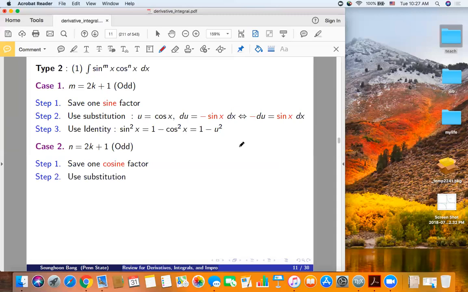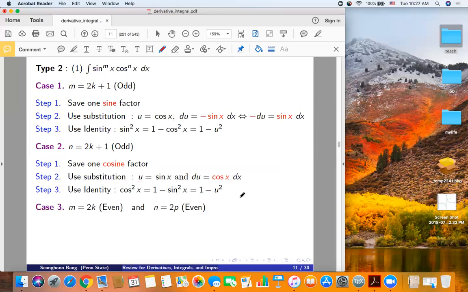In this case, u is sine of x, and du is sine prime, cosine x dx. Step 3, change the cosine function to the sine function. Cosine squared of x is 1 minus sine squared. Plug u into here: 1 minus u squared.